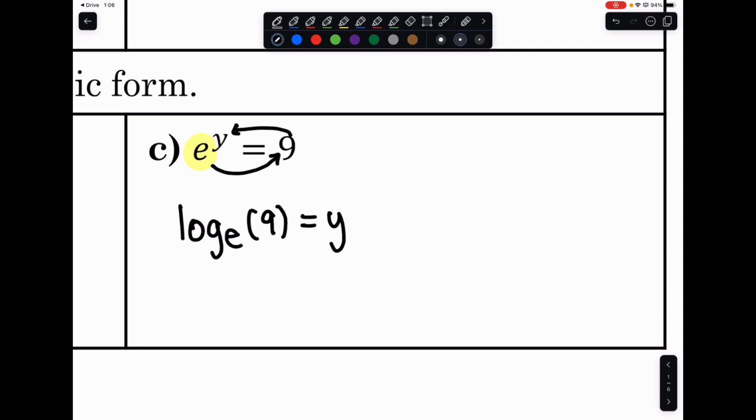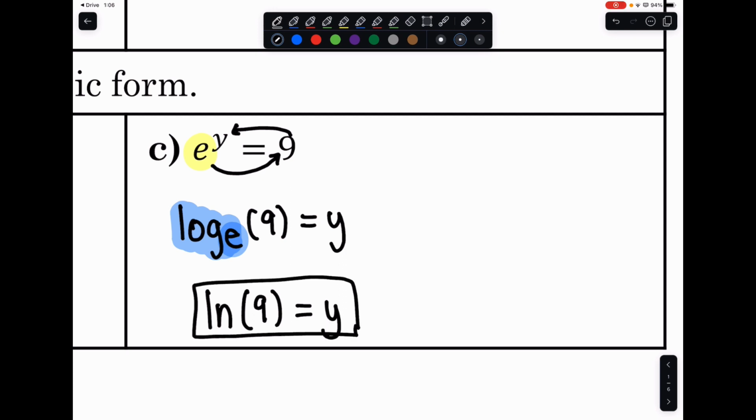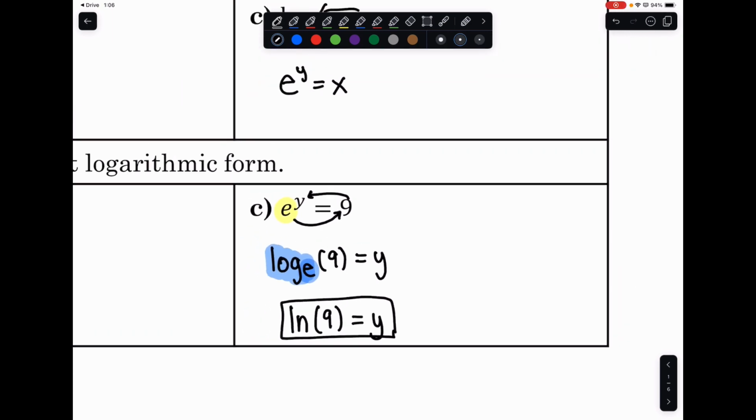Now, since our base is e, this is not the appropriate way of writing log base e. The appropriate way of writing the log with base e is to write ln instead of log with base e. So we should write ln, the natural log of the number 9, and that will equal y. So this is the appropriate way of writing this, and that's for every situation when our base is e.